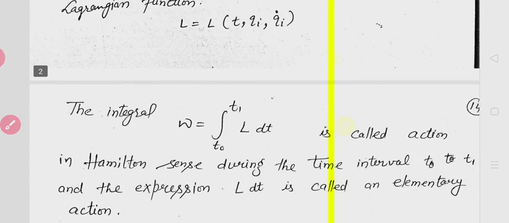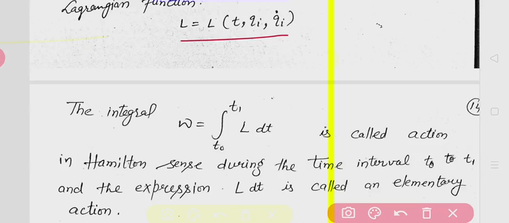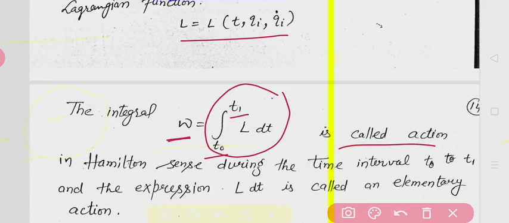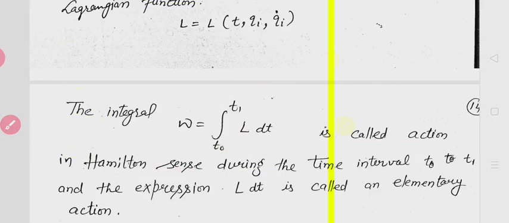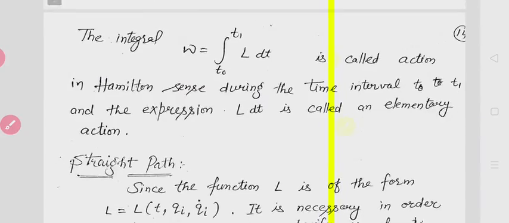Now if we take the integral of this L with respect to t, where the limit is varying from t0 to t1, then this is known as the action, which will be denoted by W. So this is the action in the Hamilton sense, within the time interval t0 to t1. And this term L dt is known as the elementary action. Okay, now the state path.